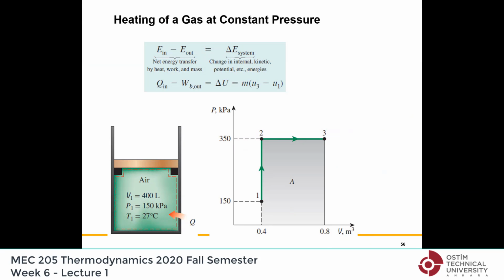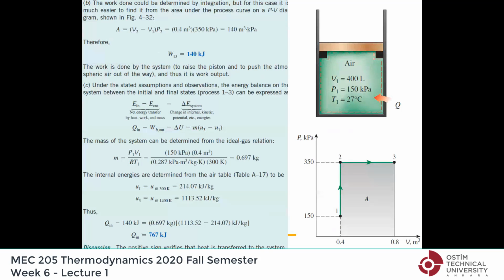Now, the boundary work: you can simply find the area, which is delta V times P2. It goes from 0 because we find the total work.